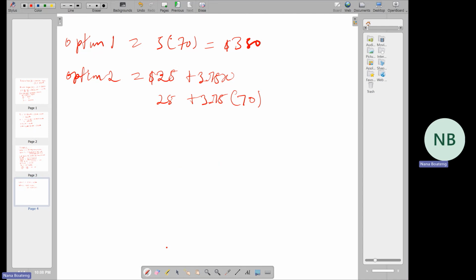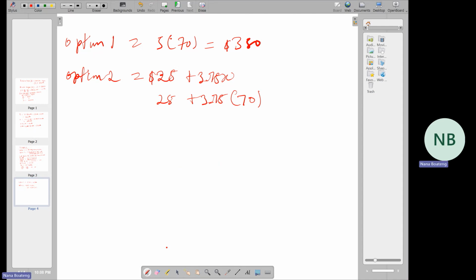So $350 is the amount at which both options will be equal to each other.